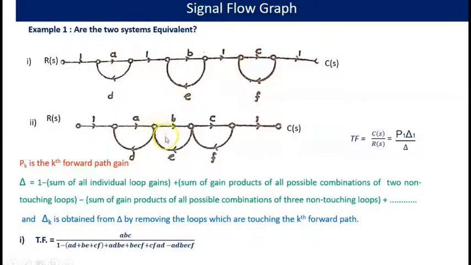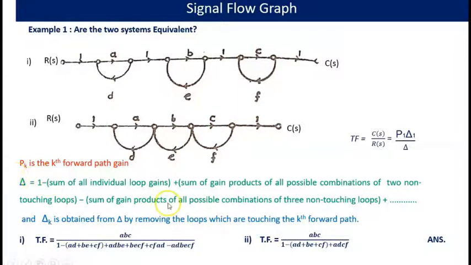If we take the second system, again the forward path remains the same, ABC, and three loops AD, BE and CF. But here there is one pair of non-touching loops, that is AD and CF. So the transfer function has forward path ABC, and delta 1 is equal to 1 because all the loops are touching that forward path.